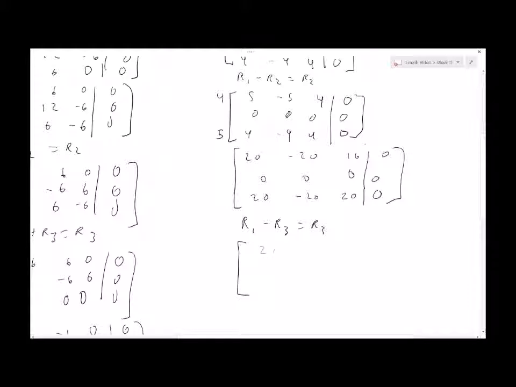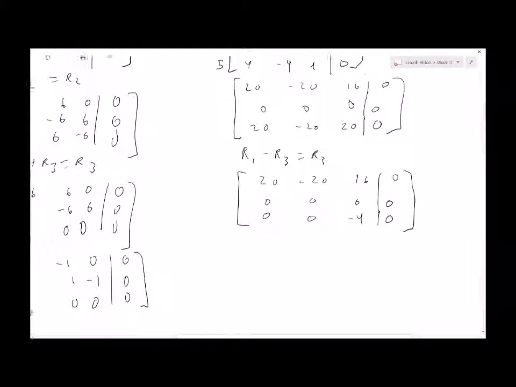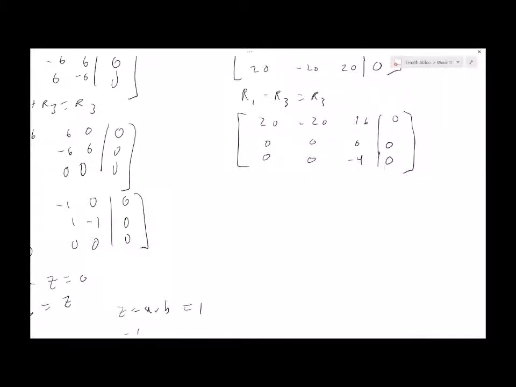We're left with 20, negative 20, 16, 0; 0, 0, 0, 0; 0, 0, negative 4, 0. From here we could redivide and rearrange things to be left with 5, negative 5, 4, 0; 0, 0, 1, 0; 0, 0, 0, 0.